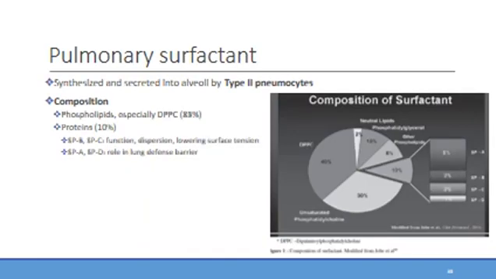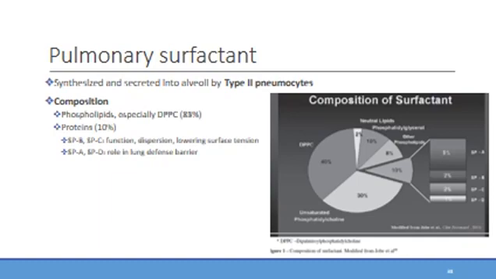Pulmonary surfactant is synthesized and secreted into the alveoli by type 2 pneumocytes, and it is quite a complex composition, of which phospholipids make up 85%. And this is mostly dipalmitoyl phosphatidylcholine, or DPPC, which is the predominant phospholipid in surfactant.